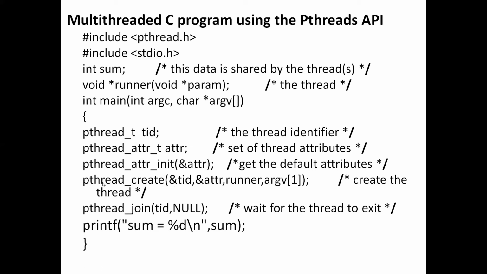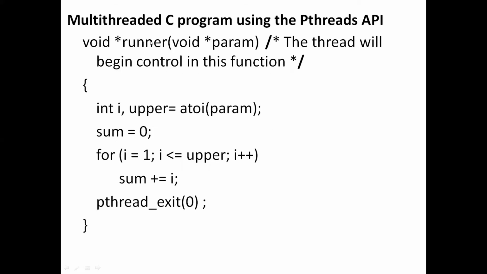Once this statement gets executed, control will go to the runner method and execute it. We discussed the runner method declaration at the starting of the program. The runner method's return type is void, which means it will not return anything to the main program.